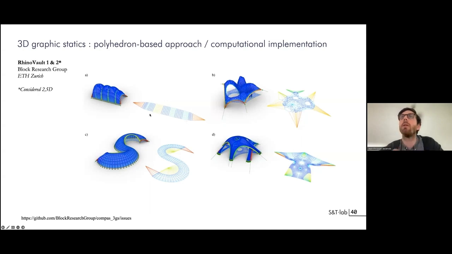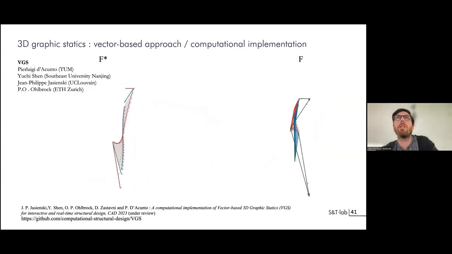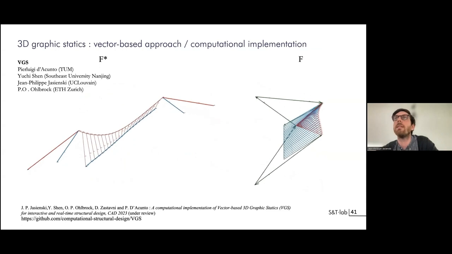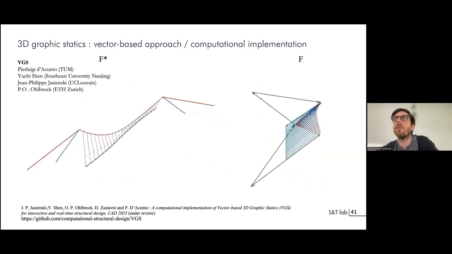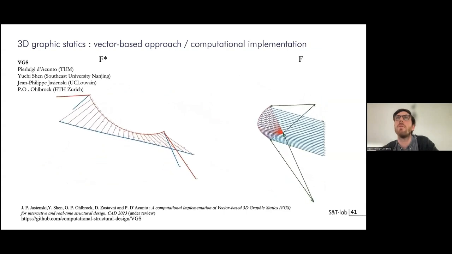So that's also something very interesting, very nice. And this one works with vectors, but it's working with projections. You can see that the force diagrams are flat, okay? And so this is bringing some kind of limitations. And the tool that we developed, which is VGS, is with vectors, so vector-based graphic statics. On the left, you see the form diagram.